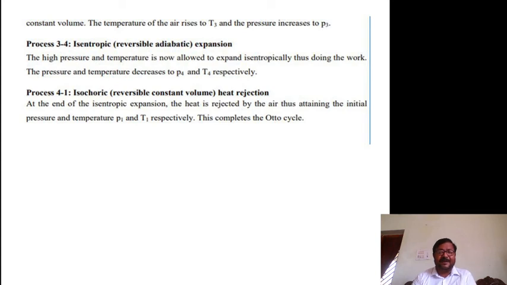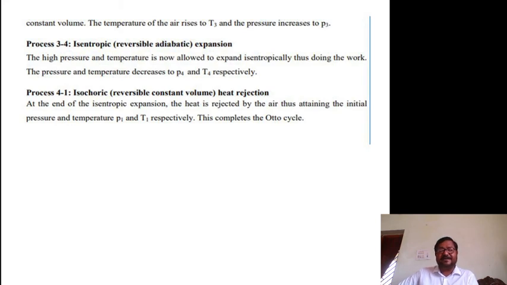If you compare T and P, the suffix will be the same. That means T1 by T2 is equal to P1 by P2, raised to the power of gamma minus 1 by gamma. This is the relationship between the temperature and the pressure.